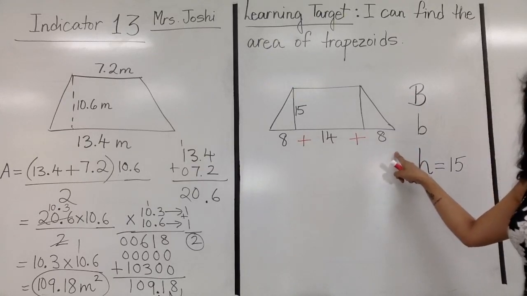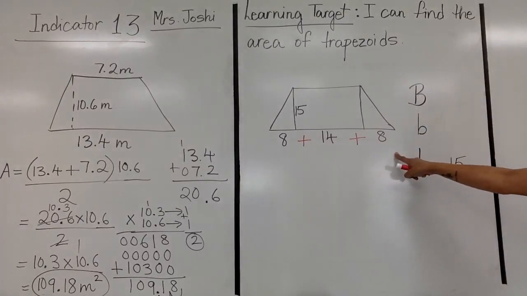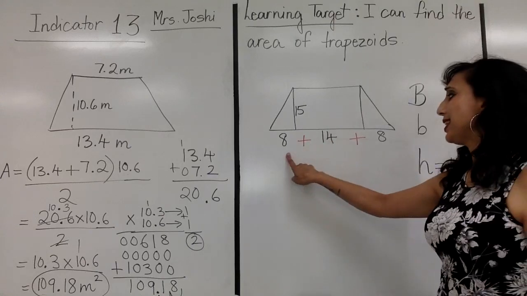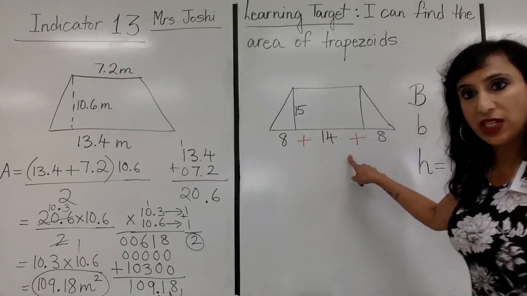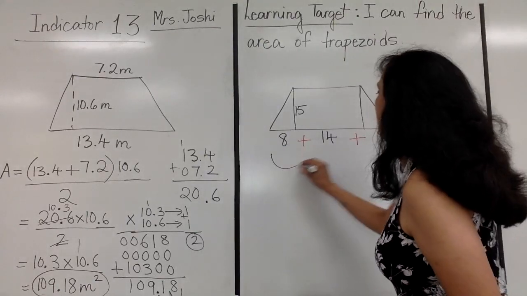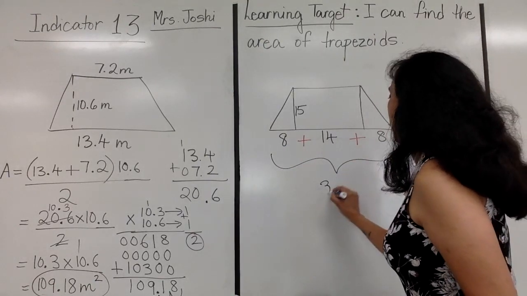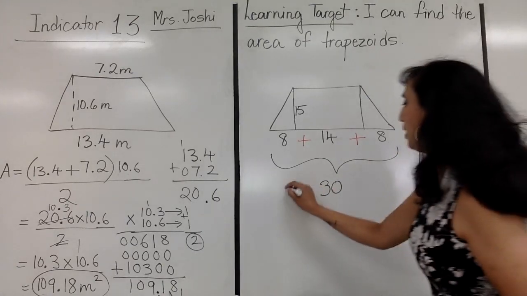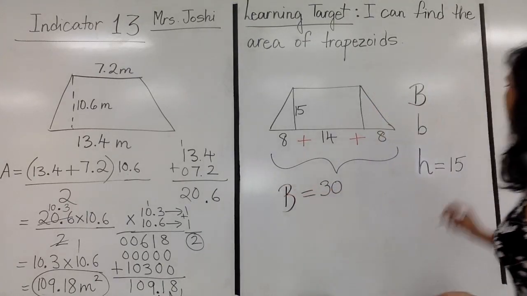So 8 plus 14 plus 8 is going to give me the big base. So I have 8 plus 8 is 16 plus 14. That gives me 30. Okay, so this whole thing is going to be 30, and that is my big base.